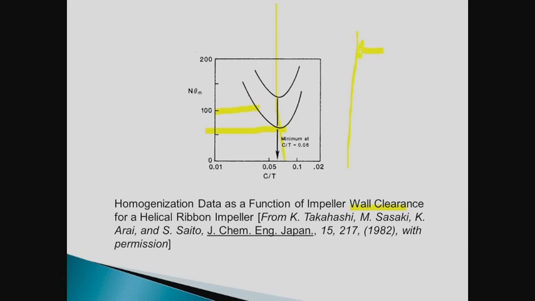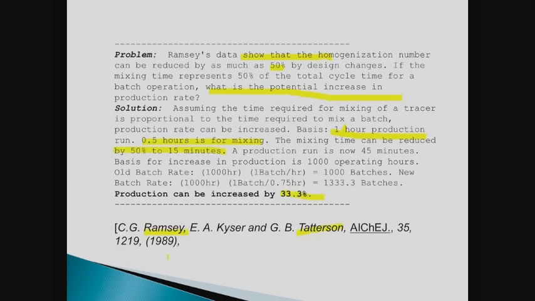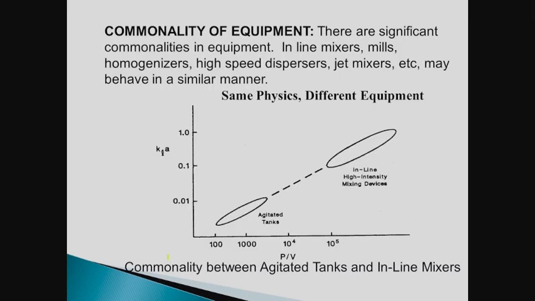One is in here, a very high shear zone, and another one is out here. Changes in the n theta value could have a significant impact on your processing.